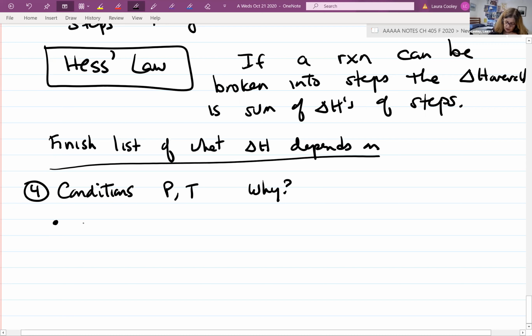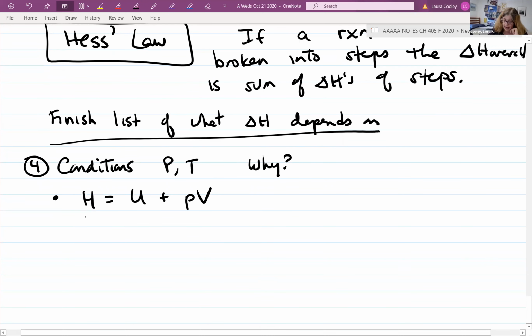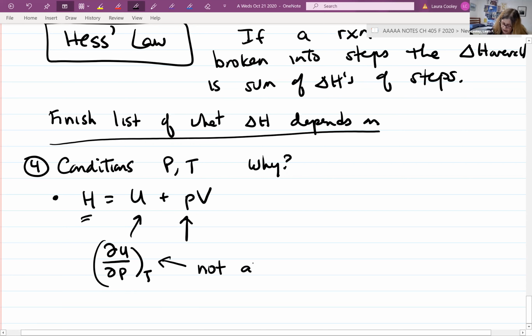Well, first of all, what is enthalpy? It's defined this way. And enthalpy, as you can see, depends on pressure. The pressure is right there, it depends explicitly on pressure. But it also depends on pressure through the internal energy. So this is not always 0.